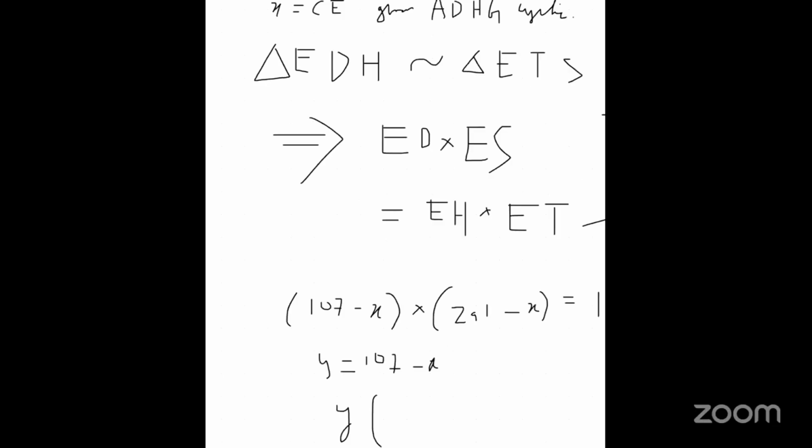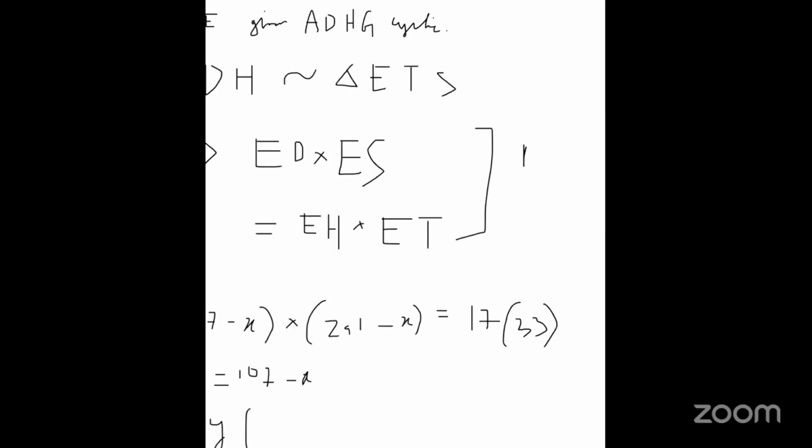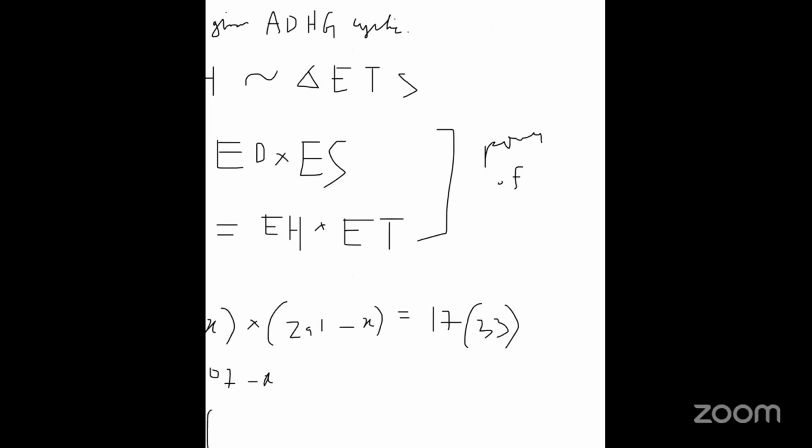So this particular relation is called power of point, which is for any point E inside the circle, if you draw two lines, you get ED times ES on the same line, the same as EH times ET on the other line. I just want to introduce this idea, but if you notice that you can introduce a missing corner in EDH, then that also solves the problem. Or even in FCB, that also solves the problem. I'm happy to see chat already has good ideas which are faster than this, and I just want to show the power of point idea.